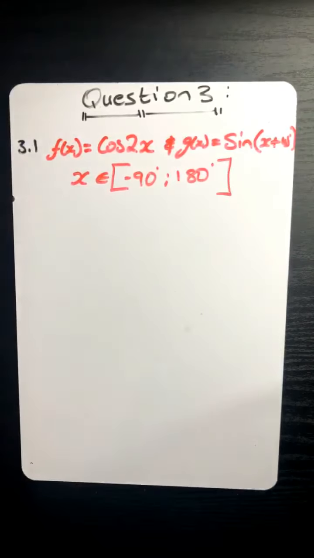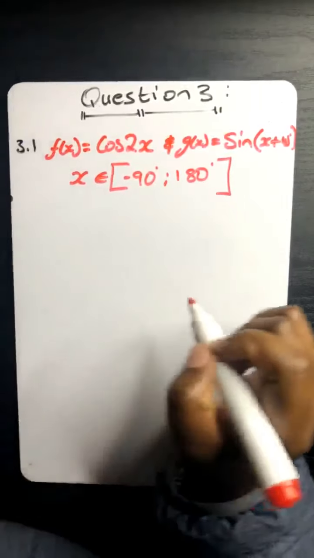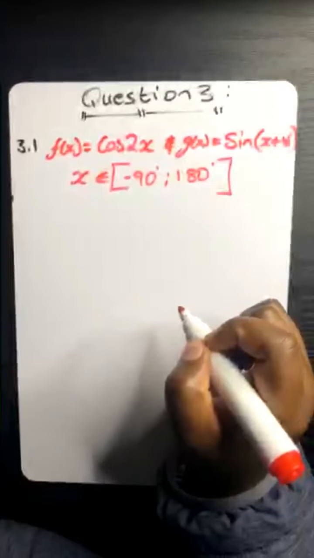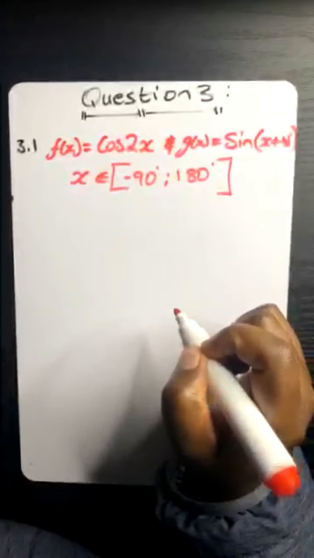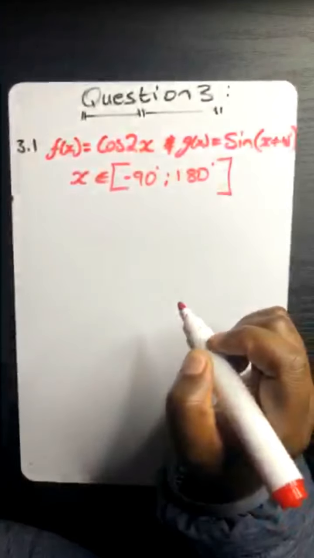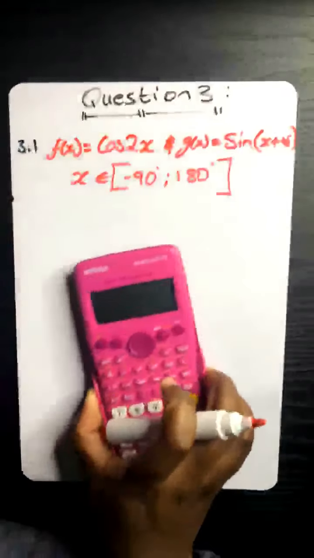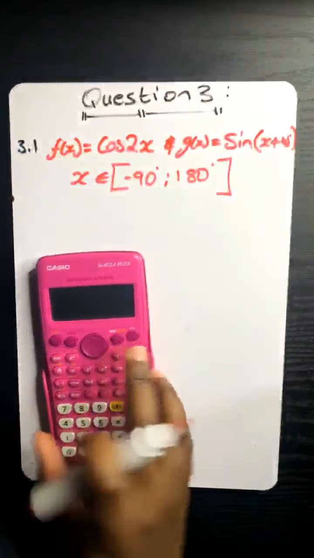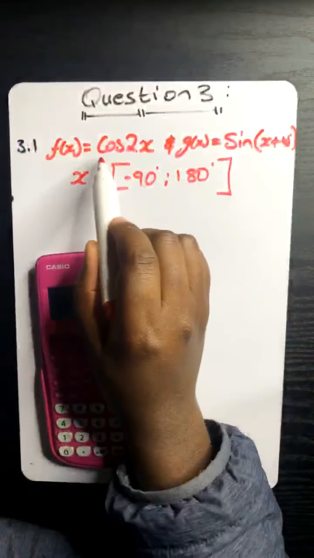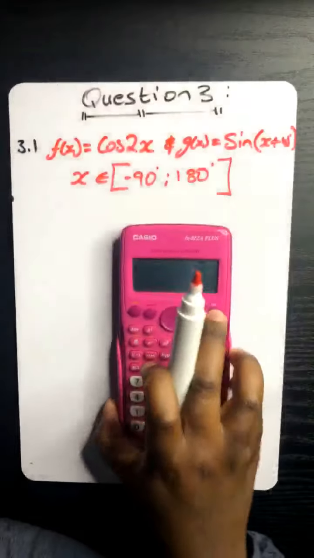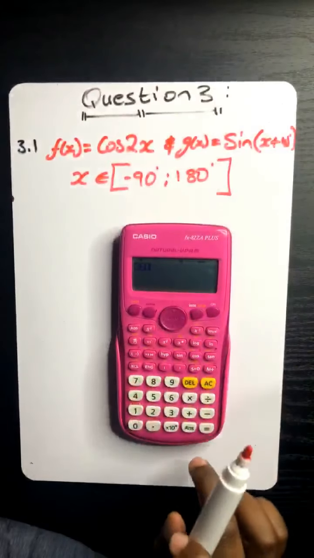Okay, it's fine. Remember, one of the most important rules to sketch this function is to determine the period. We do know that the period for the cos and sine functions is 360 degrees.